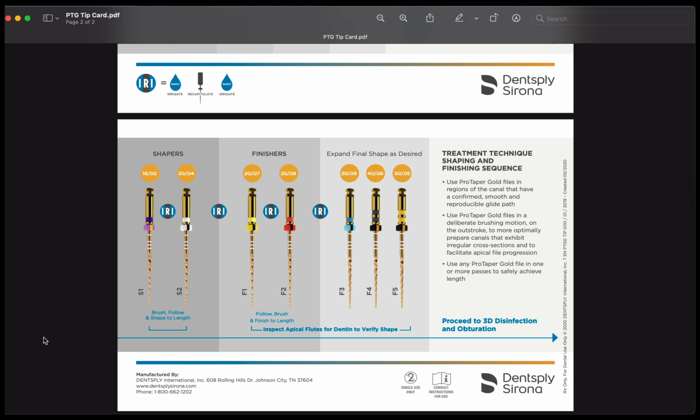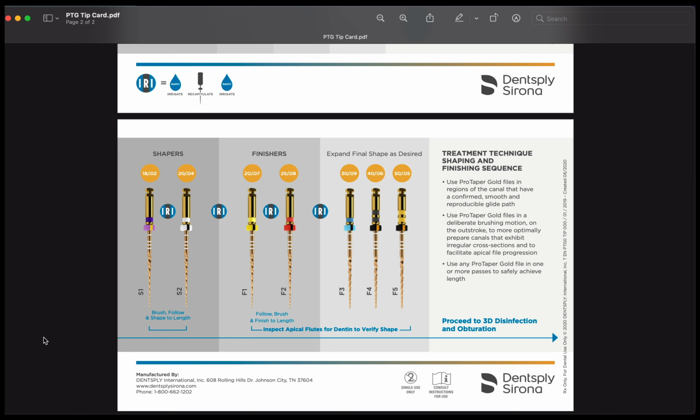It's not a complex number of rotary files. It doesn't require that you instrument with 7 to 10 files.